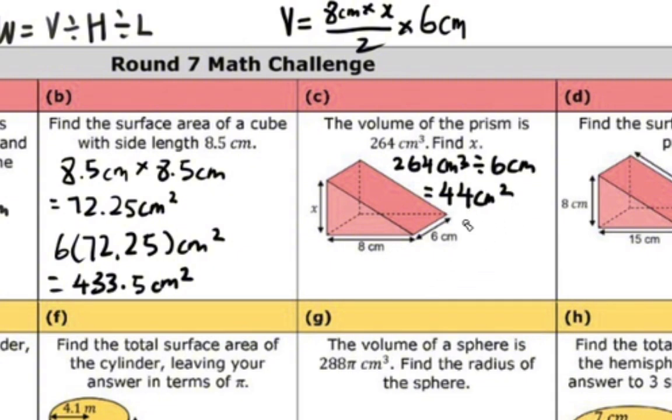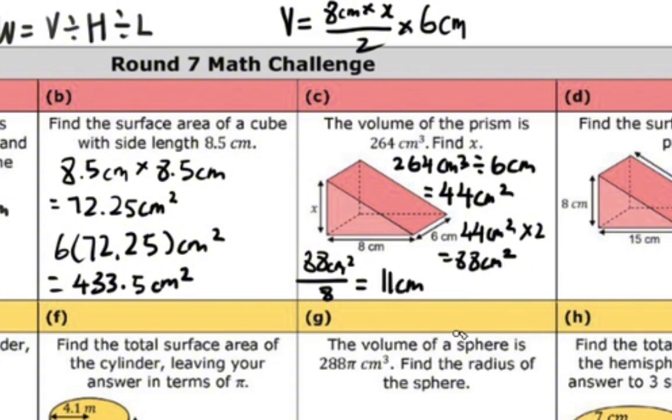And 44 cm squared multiplied with 2 would equal to 88 cm squared. And now 88 cm squared divided by 8 would be 11 cm, and that will be our answer. So X would equal to 11 cm.